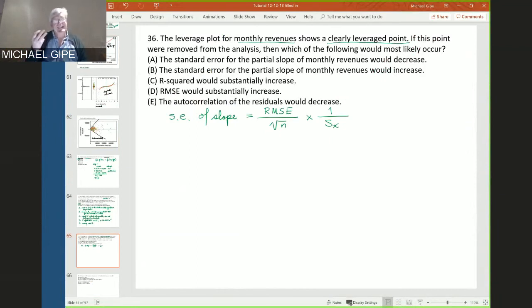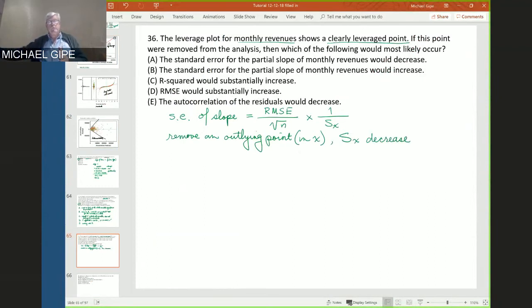So now we have a little problem because RMSE is not constant throughout the range, but let's take a look at the even more important part, and that is if we remove an outlying point, and it's outlying in x, then the standard deviation of x will decrease.